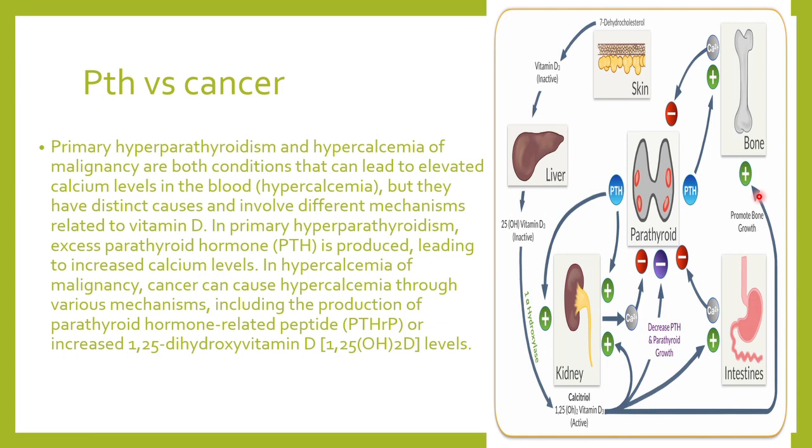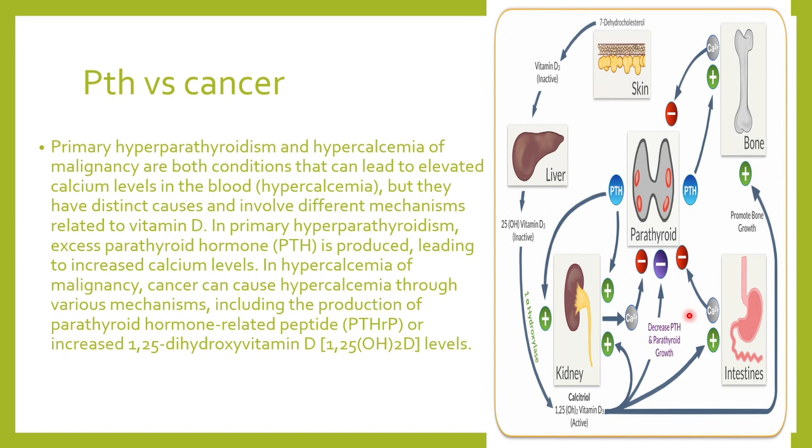In primary hyperparathyroidism, what we see is that the 1,25 dihydroxy vitamin D levels are high. But what happens in hypercalcemia of malignancy, there is this parathormone related hormone, okay, that acts like parathormone, but it functions in a different mechanism rather than increasing the 1,25 dihydroxy vitamin D3.